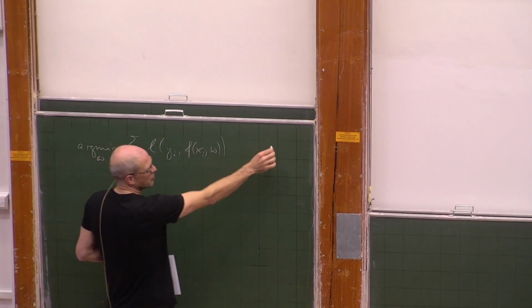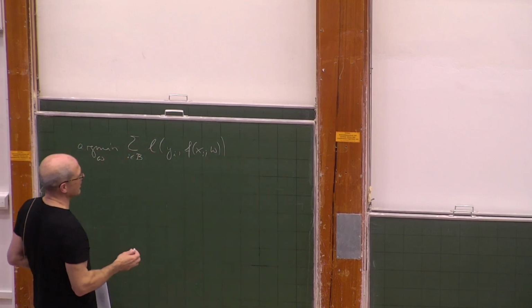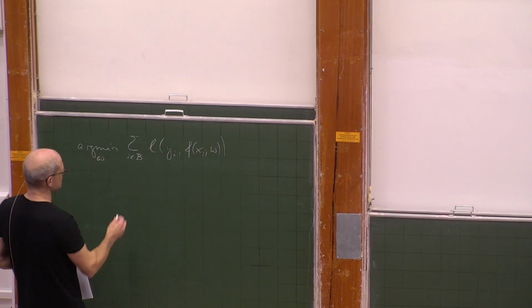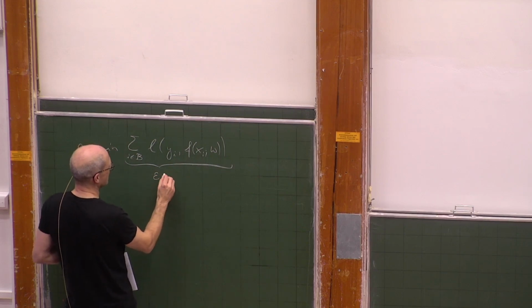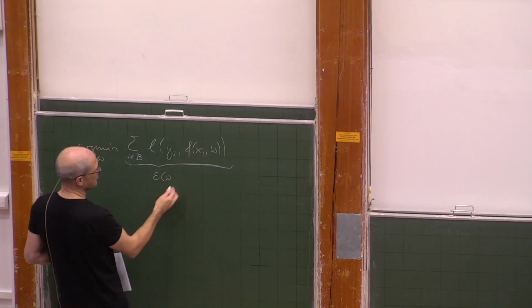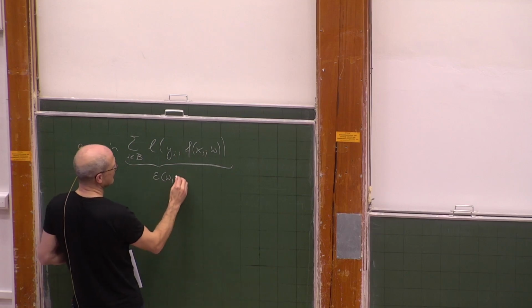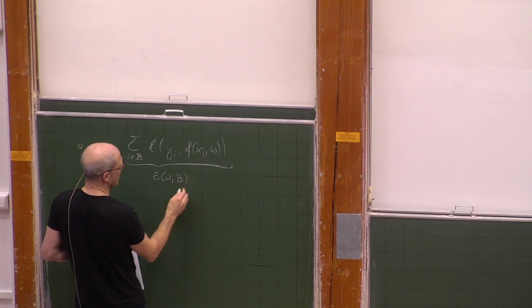And then we had more terms, regularizers and so on, which I omit today. And this here we can also abbreviate as the error associated with parameters w given a batch B.